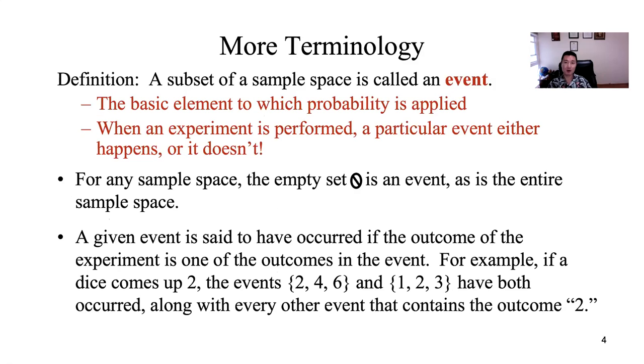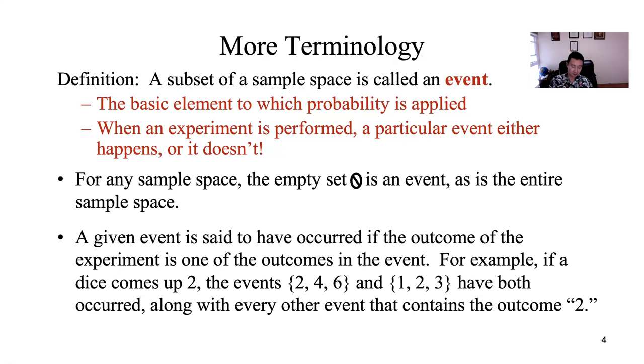A subset of the sample space is called an event. We also discussed that last time. For example, roll a die, an event can be defined as we got an odd number. So the event will be 1, 3, and 5. For an even number, it will be 2, 4, and 6.